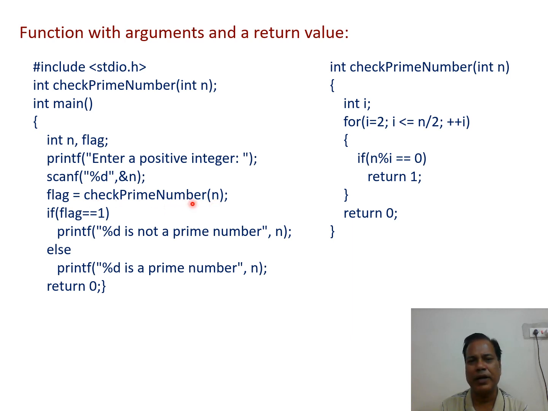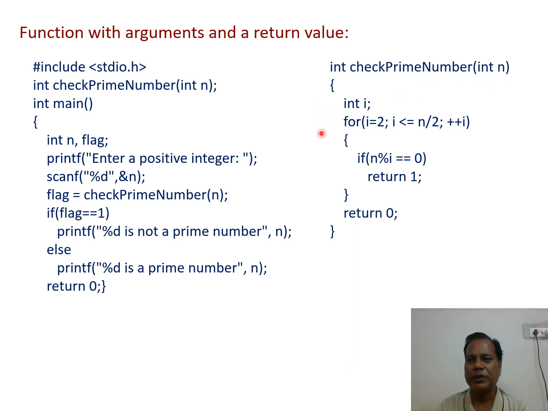So check prime number is called, and while calling this function, the value of n is passed to it, and when it is called, control goes to the called function. The passed value is stored in the variable n present in the argument list.